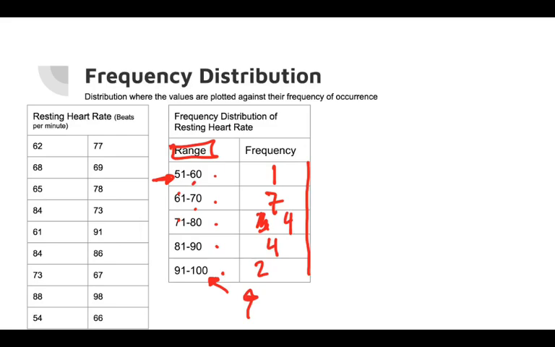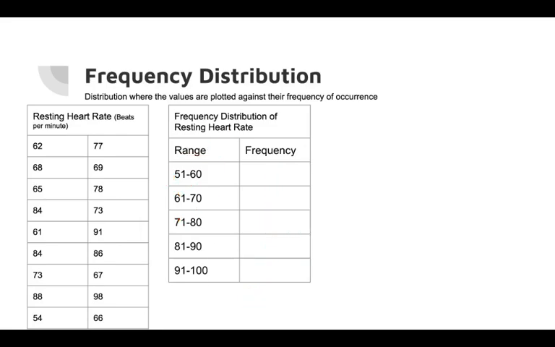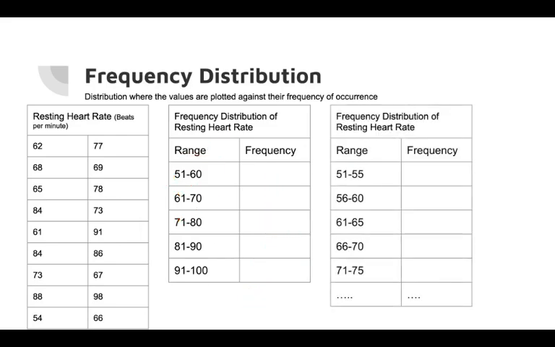But let's say that this range really wasn't serving me. Another thing I could do is break up the range a little bit. So here, again, I'm starting at the bottom, but now I'm breaking it up into units of 5 instead of units of 10.